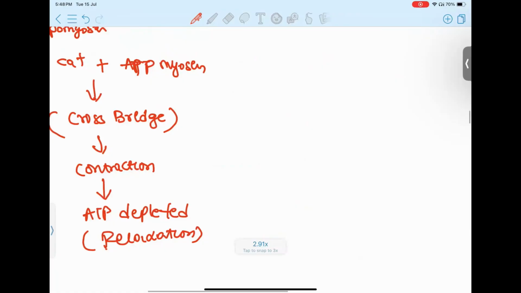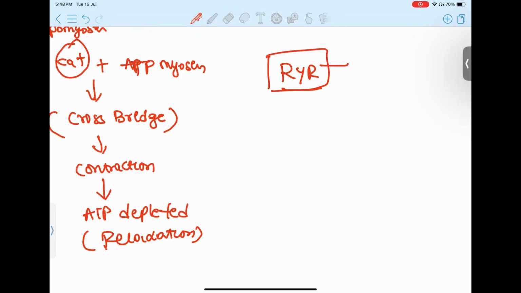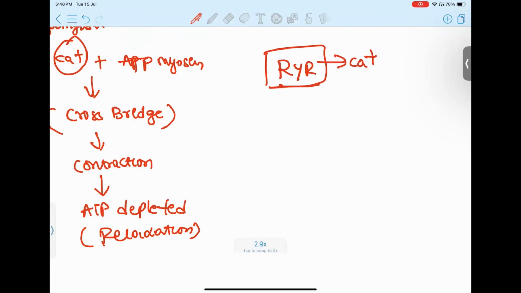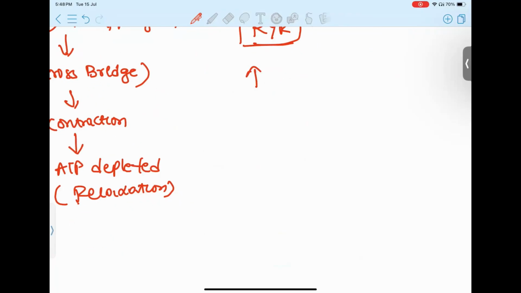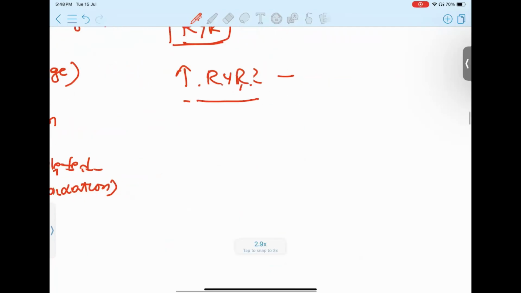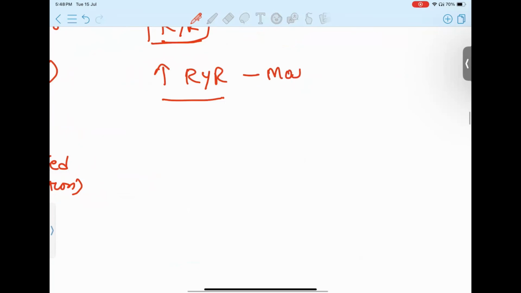But how is this calcium released, guys? The calcium is released with the help of the ryanodine receptor, into the sarcoplasm. There is also one of the questions that is commonly asked: if the ryanodine receptor is increased in the body, what will it cause? It will cause malignant hyperthermia.